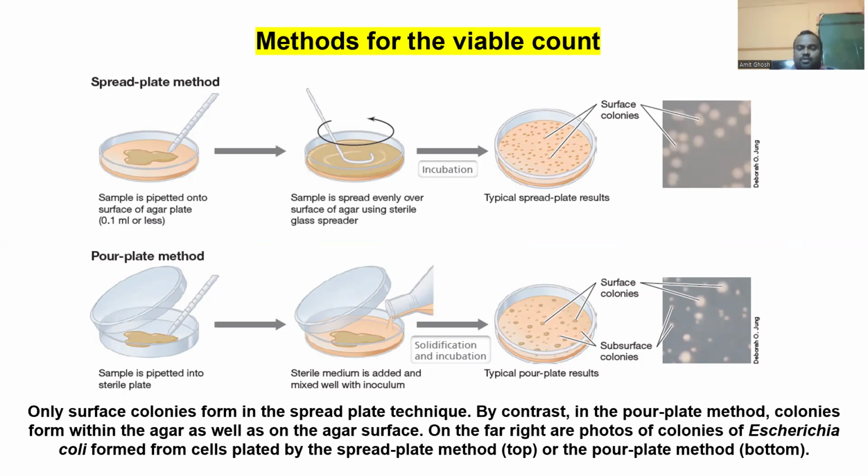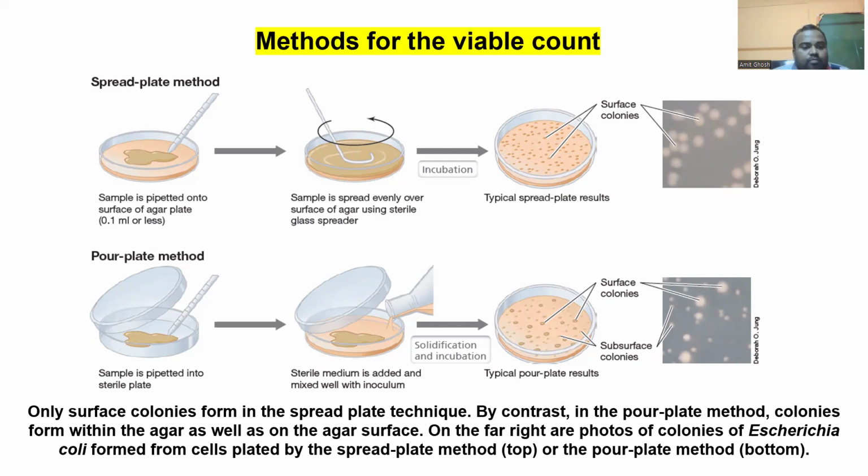There are two techniques used for viable count. Number one is the spread plate technique. Number two is the pour plate technique. In the spread plate technique, the sample is pipetted onto the surface of an agar plate, for example 0.1 ml or less, like 30, 50 or 60 microliter, as per requirement.